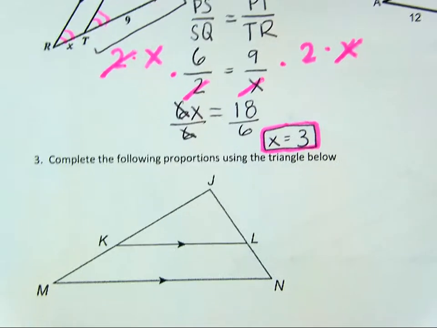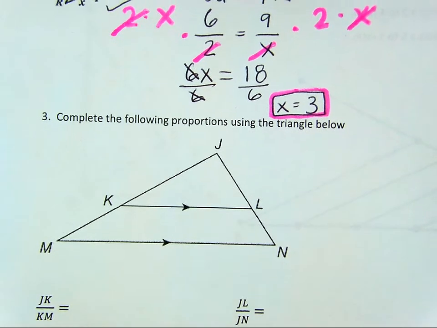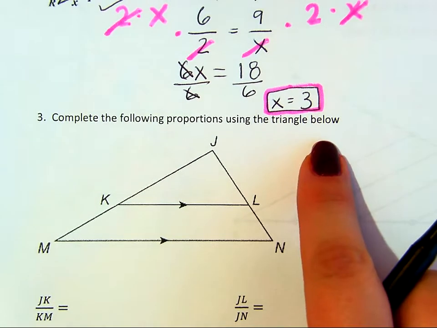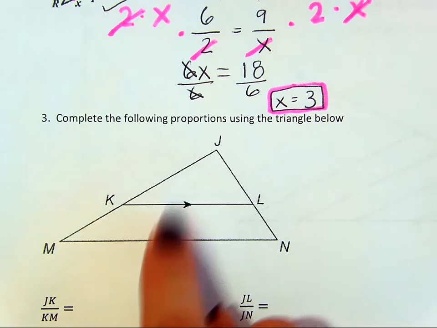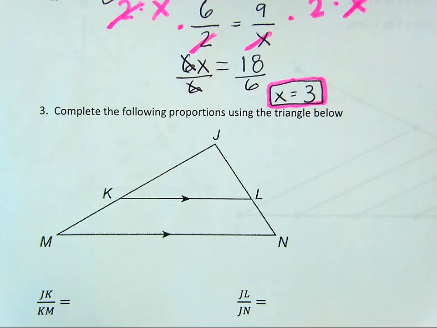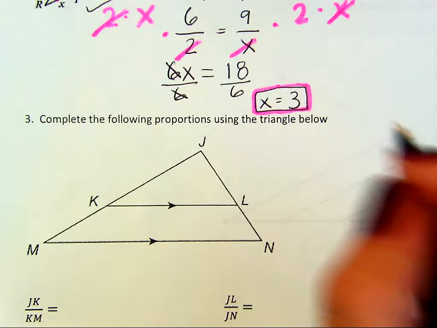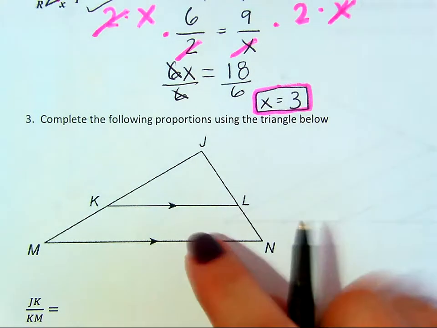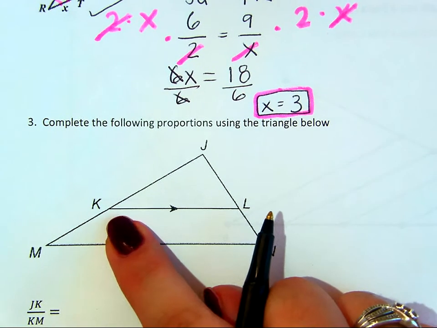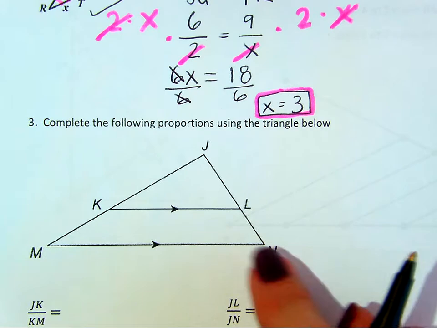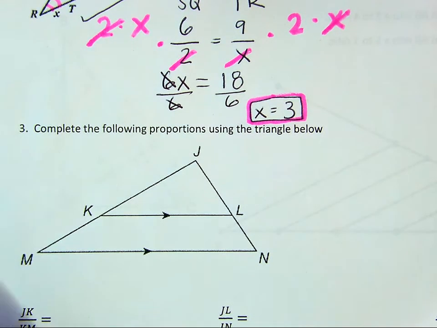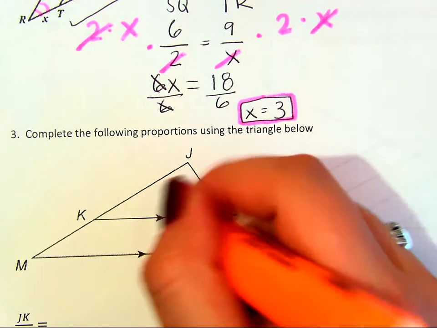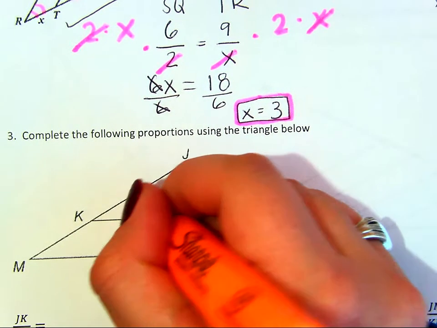On question 3, complete the following proportions using the triangle below. So again, we have two triangles here. One is inside of the other, and segment KL is parallel to MN. That's what this little symbol is letting me know, that these segments are parallel.